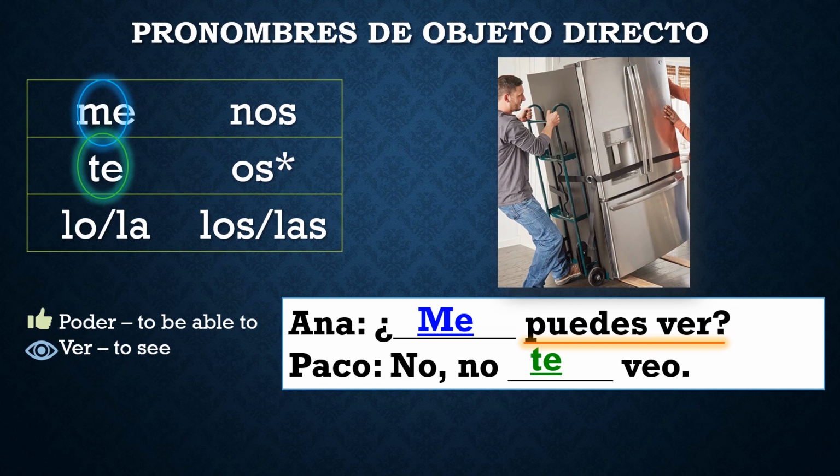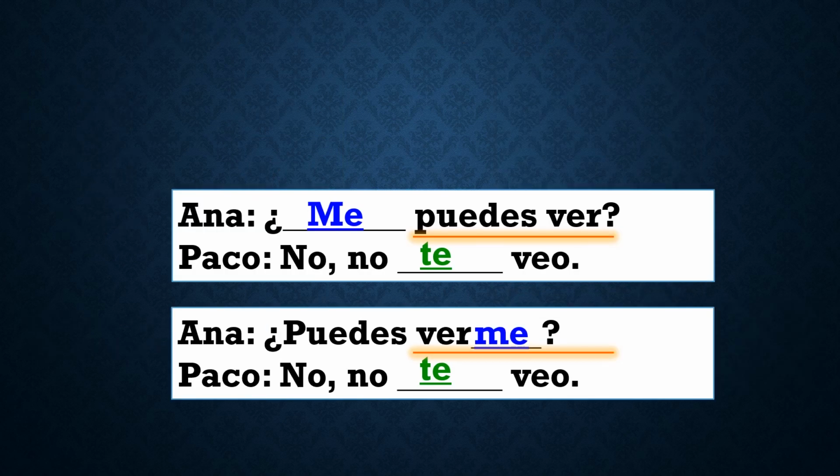Whenever we have two verbs working together as a verb phrase, we have an interesting option. One way we could say it is me puedes ver, but we could also put that me right on to the end. So another way to ask the same question would be ¿puedes verme?